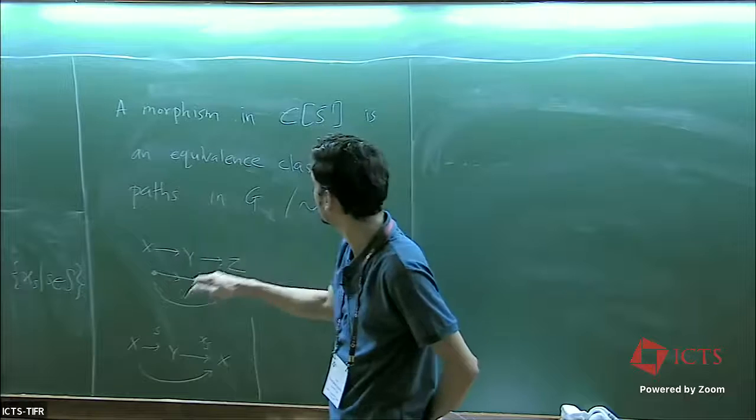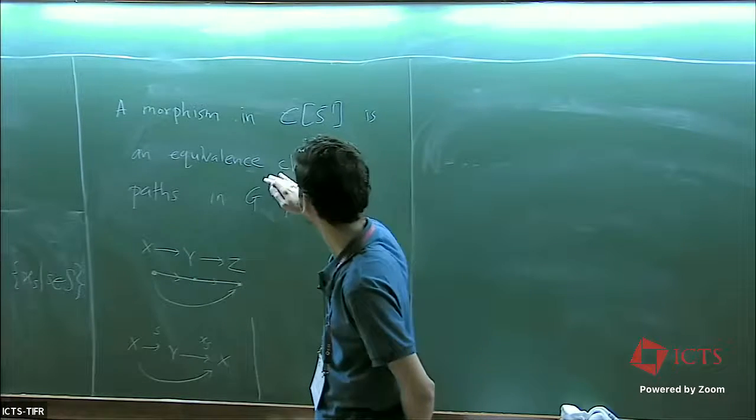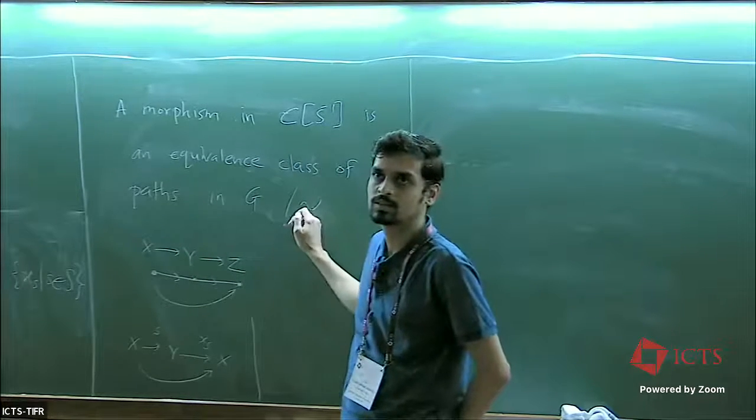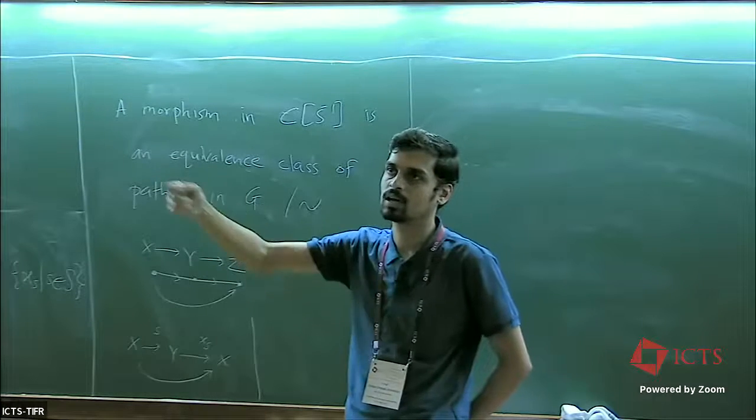So equivalence class modulo this relation. You have a collection of paths.